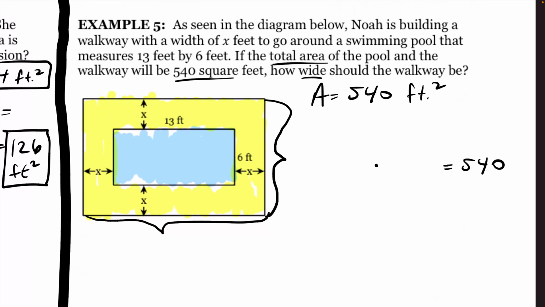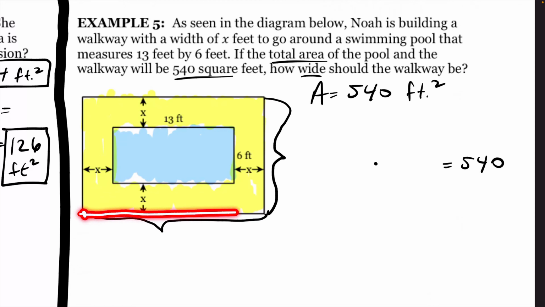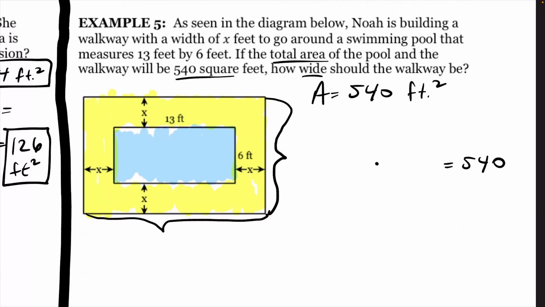So how long is it from here to here? X, keep going. It's not X, we know more than that. Some of it I do know, some of it I don't know. Which part do I know?